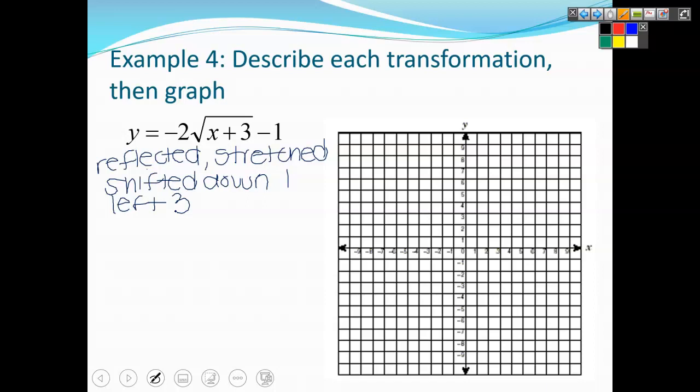So going from the origin, where your parent function should start, we would shift it down 1 and left 3.